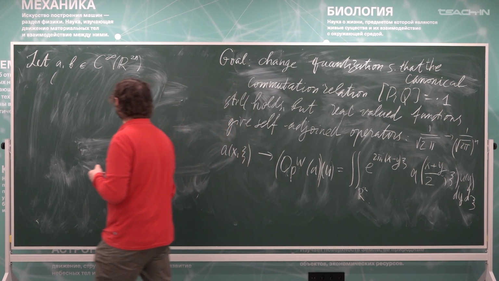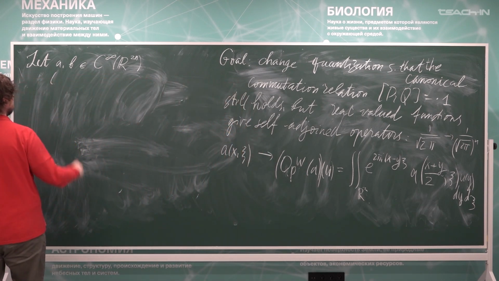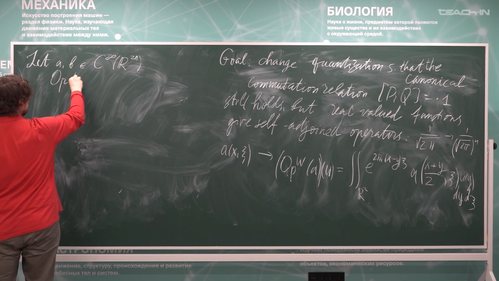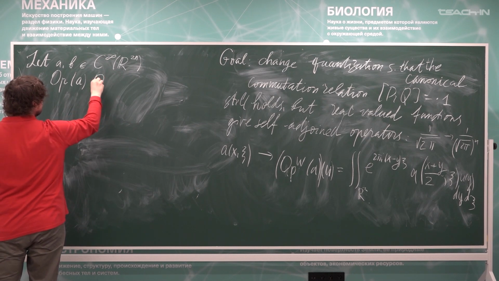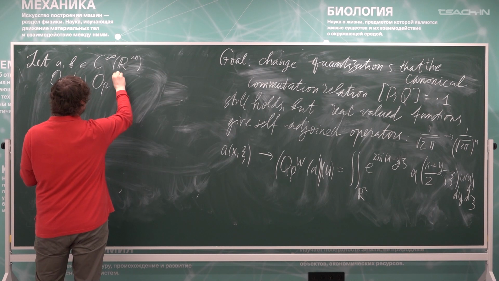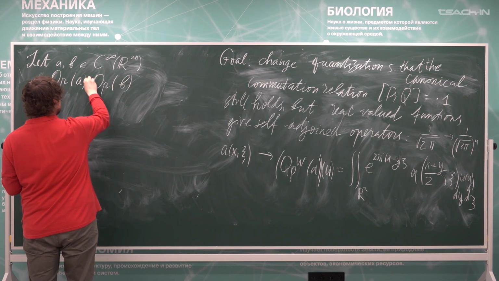So let us consider two functions, and let us consider the following thing. Take the operators we obtain from A and B, and take their composition as operators.